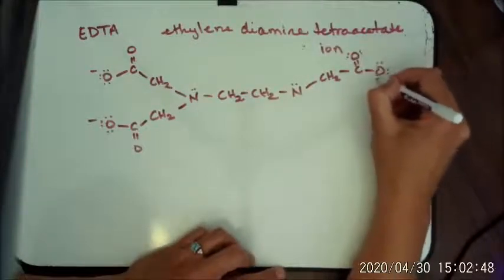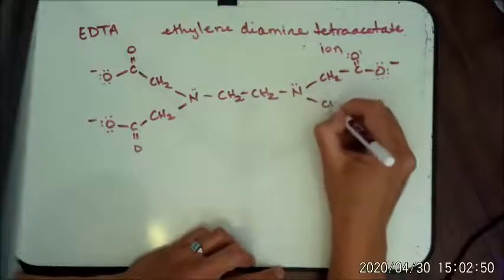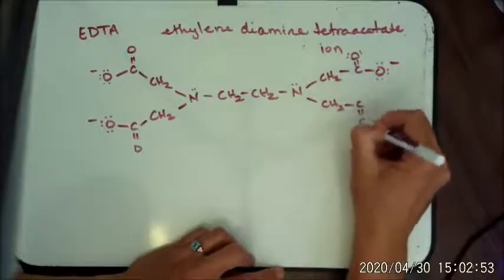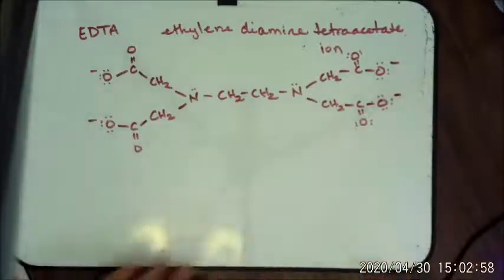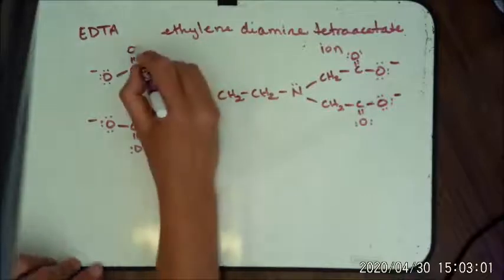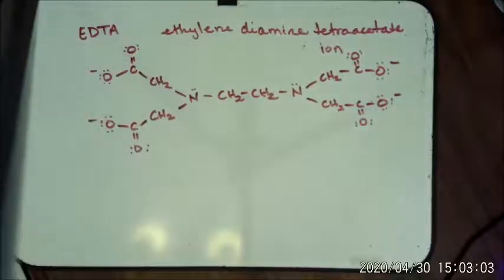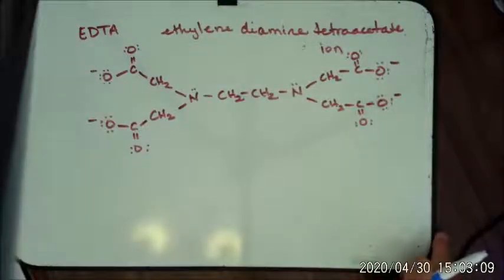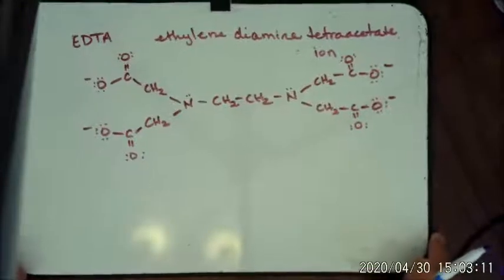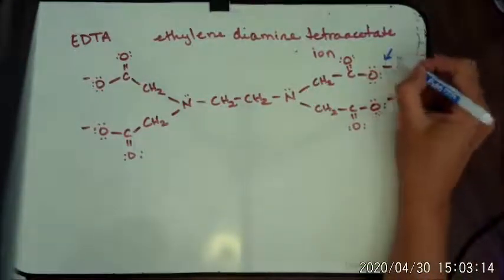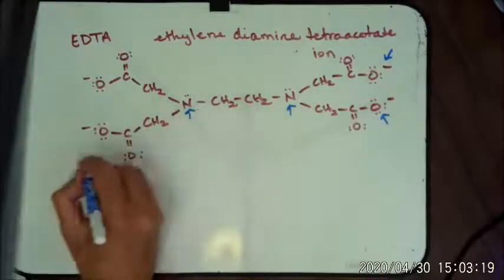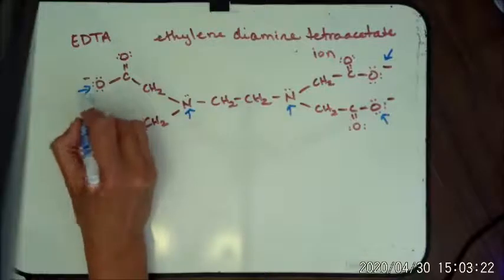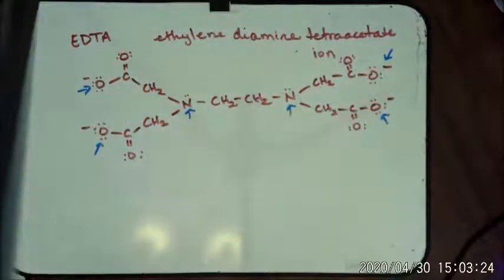And finally, 5, 6. So this will completely wrap around any metal ion that can accommodate coordination number 6. So 1, 2, 3, 4, 5, 6. So 6 donor atoms in EDTA.